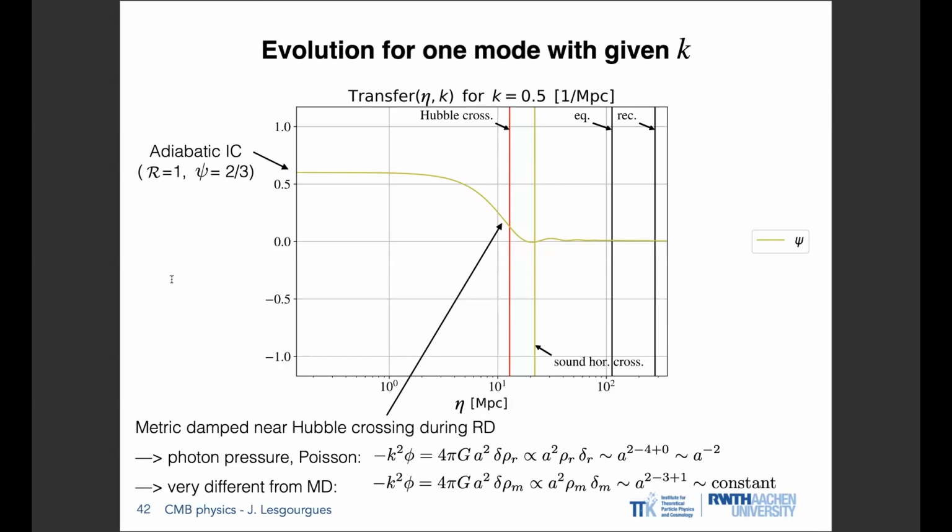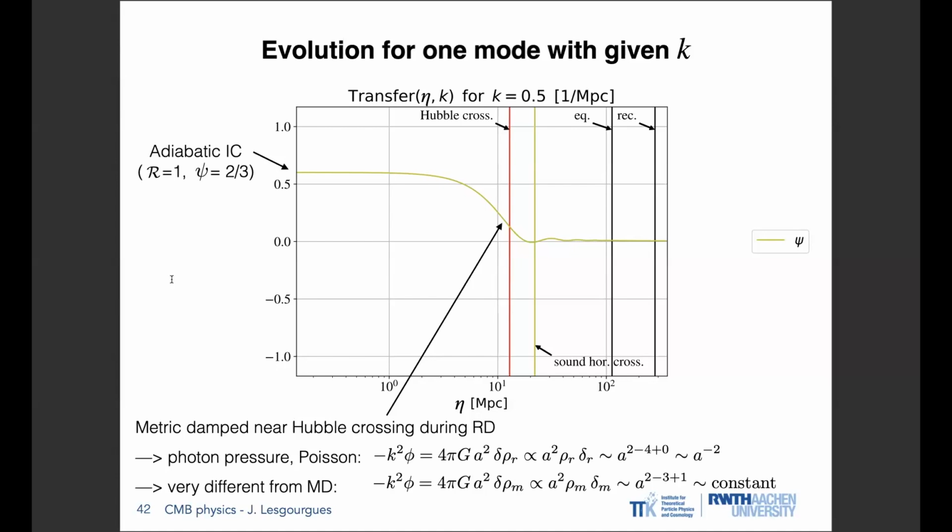When a mode crosses the Hubble radius during matter domination, it should not decay, because in this case, you don't have pressure, you have gravitational clustering, and this results in linear scale in phi being a constant. So now, for this mode k, the time of recombination is here, the time of equality is here. So clearly, Hubble crossing is during radiation domination, and that's why the mode decays at the approach of Hubble crossing. And this was for psi.